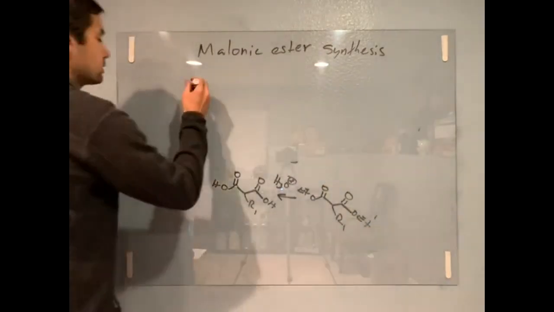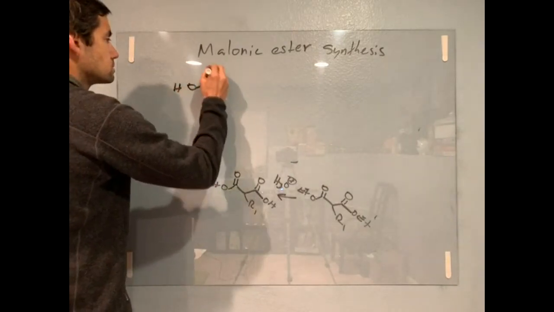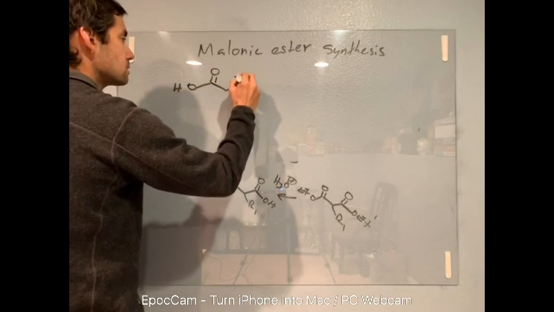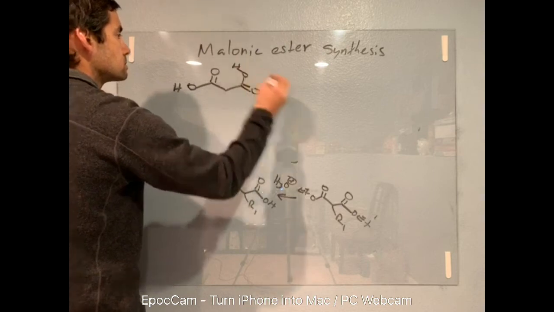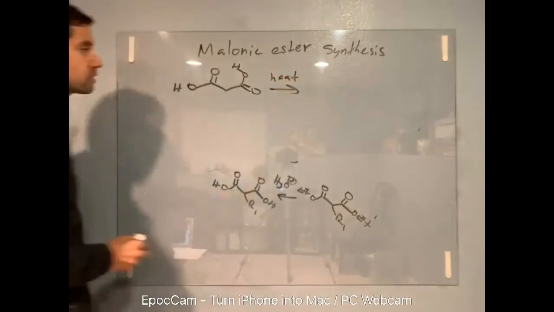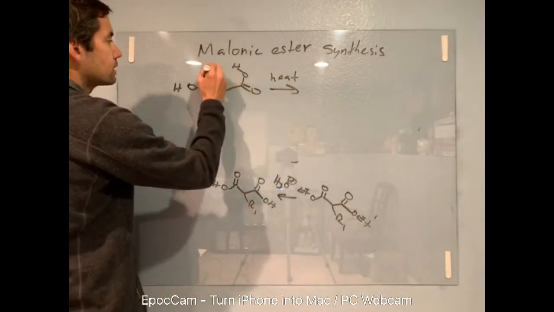So we're going to have this here, and I'll rewrite this for you. Okay. And with heat, what's going to happen is we're actually going to decarboxylate this, right? And it goes through this kind of cyclic mechanism.